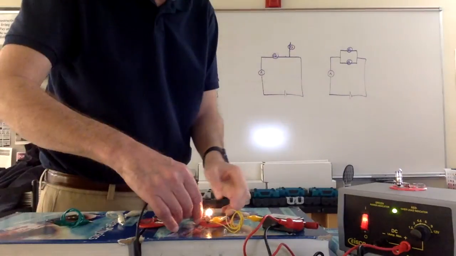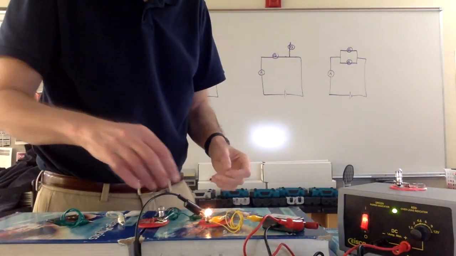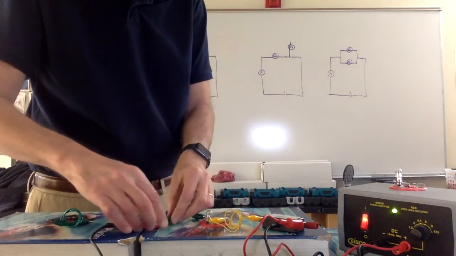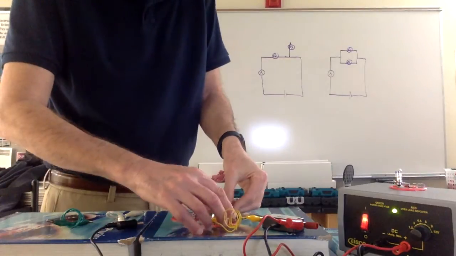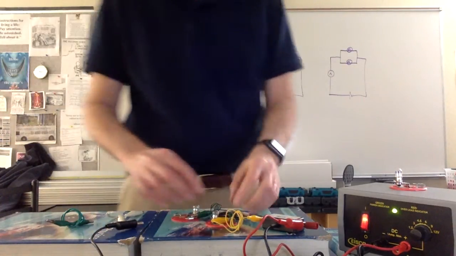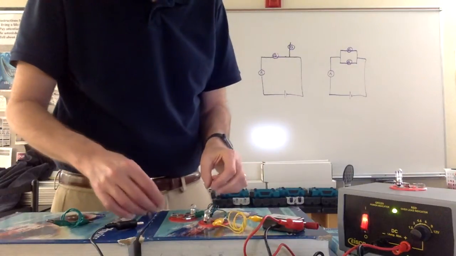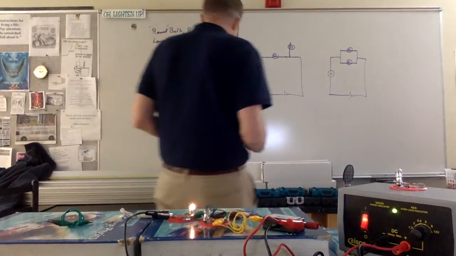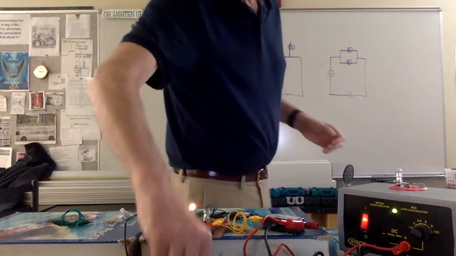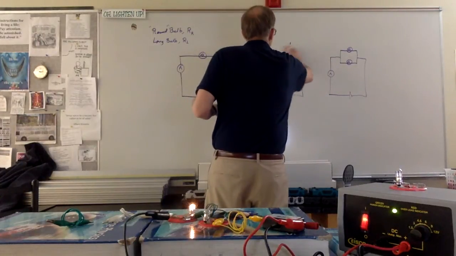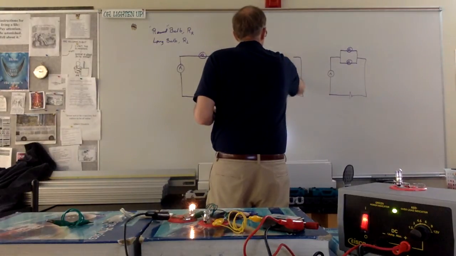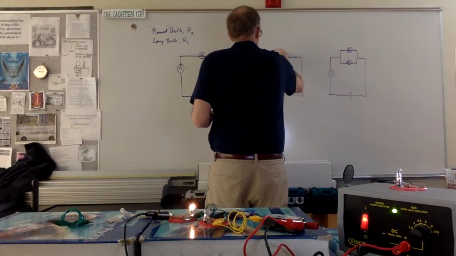If I were to do the same thing with the first bulb, the first bulb is kind of just left in la-la land. So what I've just done now is, I have the first bulb, the wire goes straight to the second bulb, and the first bulb is out here.